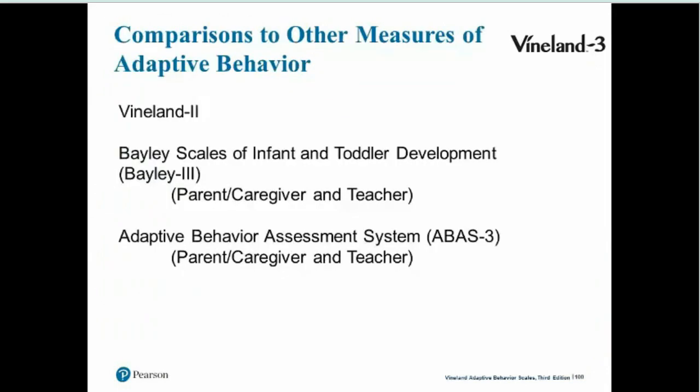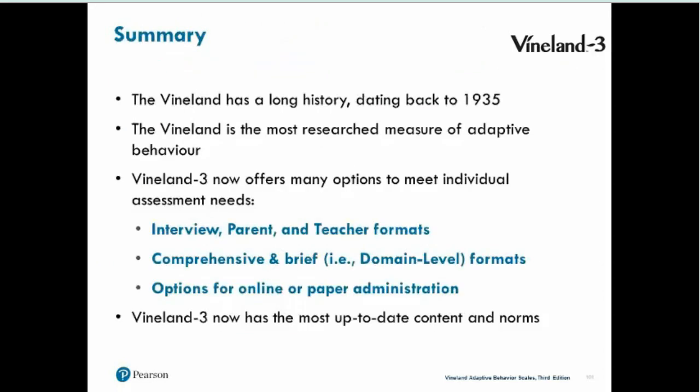In the validity section of the manual, you'll also see some information about comparing Vineland 3 to other measures, for example, to the old Vineland 2, to the Bailey scales, and also to the ABAS 3. This can be found again in the validity section of the manual. So just wrapping up today, the Vineland has a long history, dates back to 1935, so decades and decades of research behind this adaptive behavior tool.